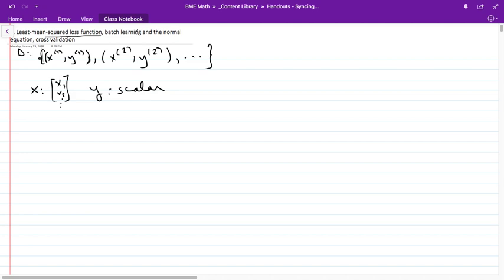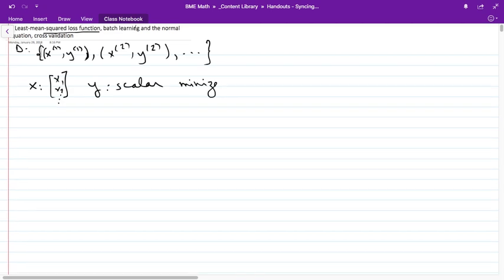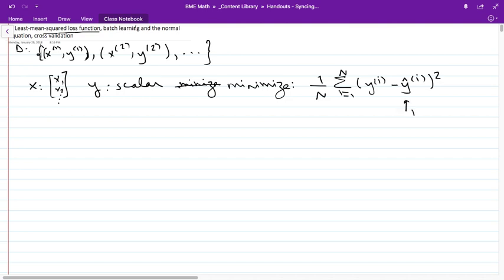And what we typically minimize, what we typically want to minimize is the average squared prediction error, where this is your prediction and this is your data.